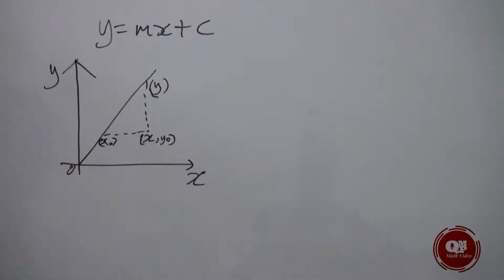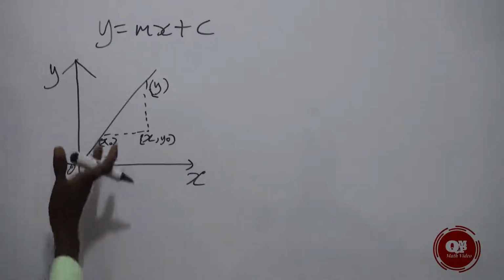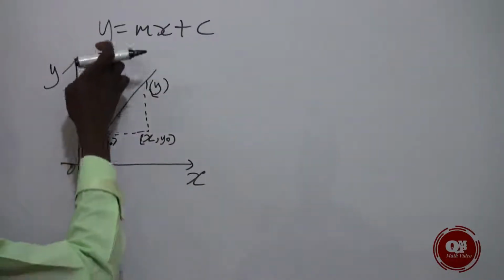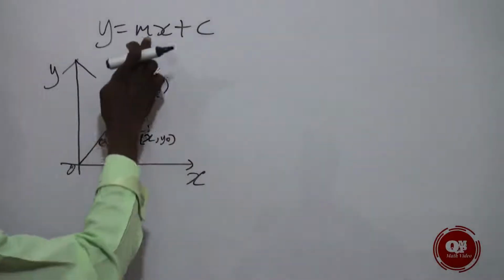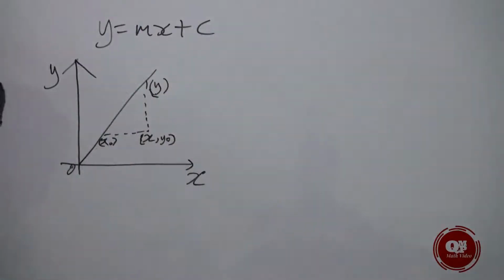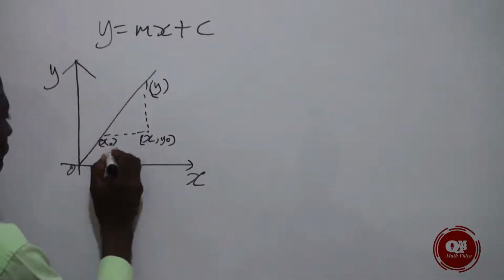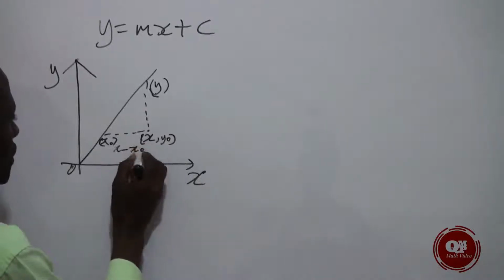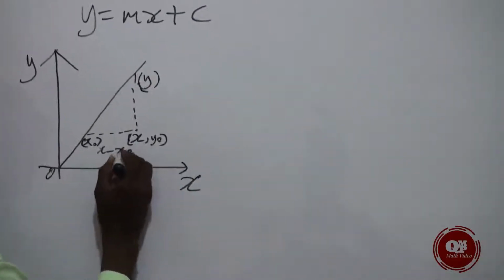Now how do you find the gradient of this line? From the equation of the line, we know y is equal to mx plus c, and the m happens to be the gradient. So here you can have x minus x naught, and you're going to call it the change in x.